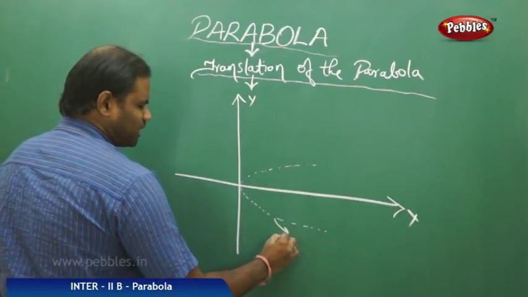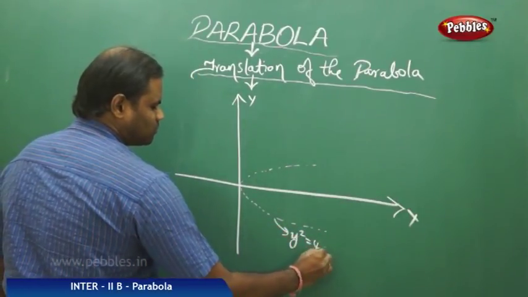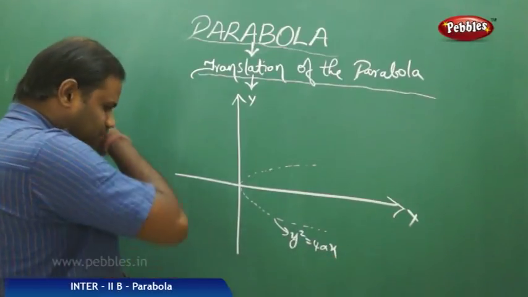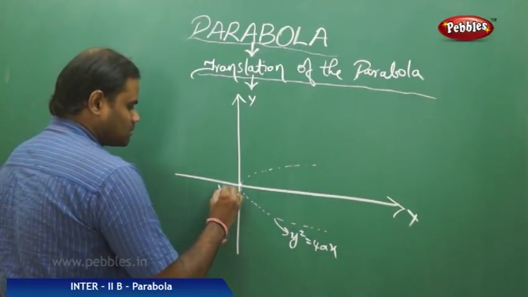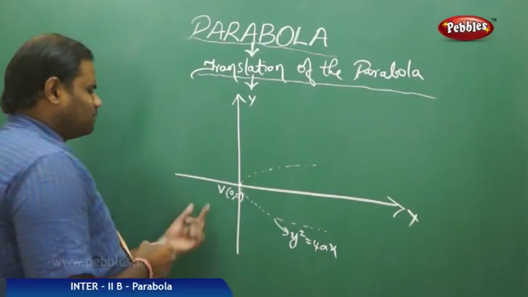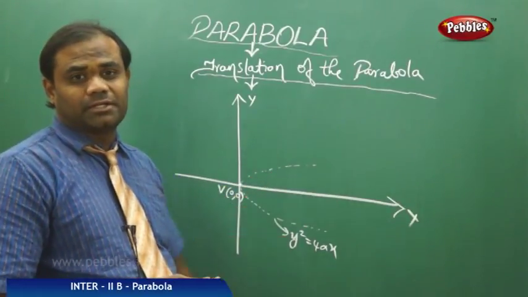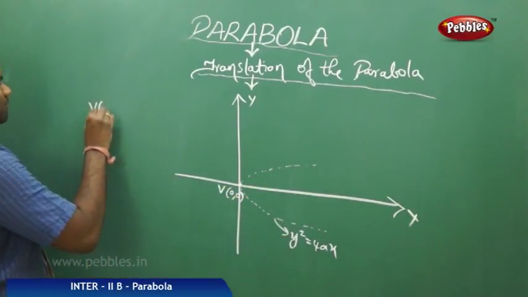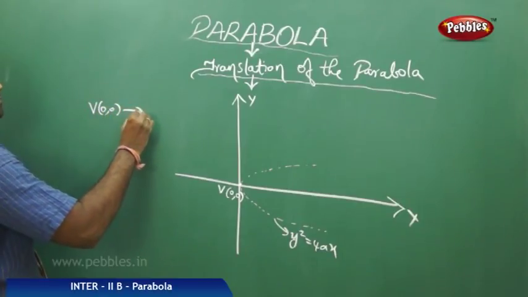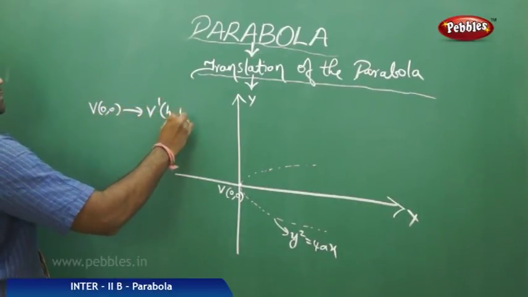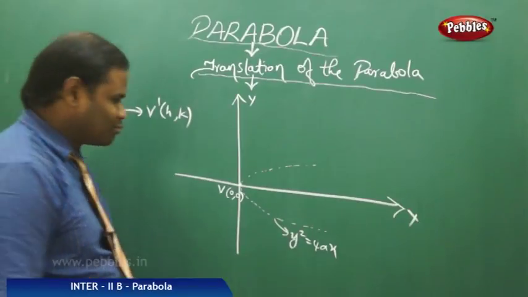Say my original parabola y square equal to 4ax is shifted with vertex V(0,0) to some V dash (h,k). That is, the vertex which is the origin is shifted to V dash as some (h,k).